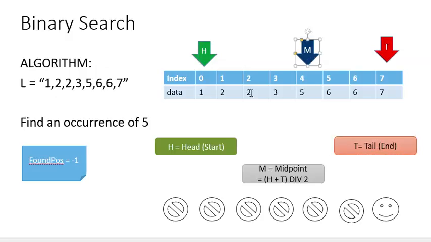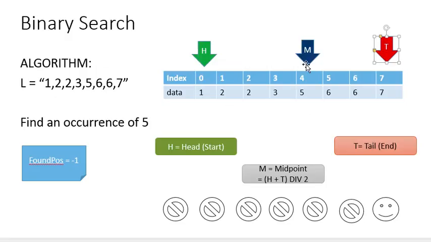M is the midpoint. So what we do in every single case is we're going to examine the element in the middle. I start with my head at 0, and the tail at element number 7, the last value in the list, because I still have to search the whole list at this point.